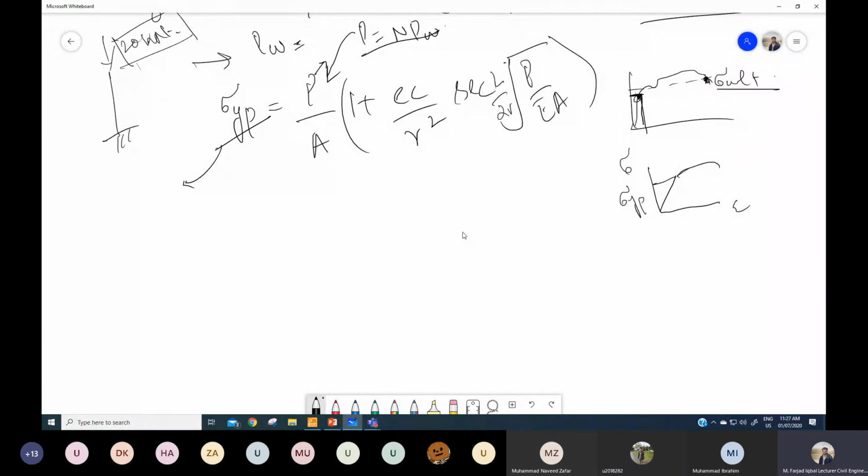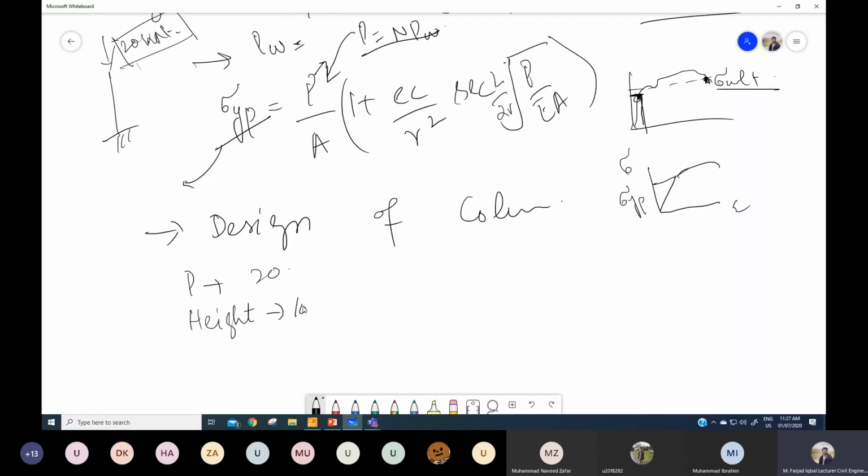So this is the concept of working loads and factor of safety. The other thing is, what are the requirements of design of a column? By design, we basically mean that we need to specify, for example, the client will tell us the load which will act on the column throughout its life, and he will give us some requirements, like the total height of the column should not exceed, let's say, 100 meters, or the width should not exceed 20 meters.